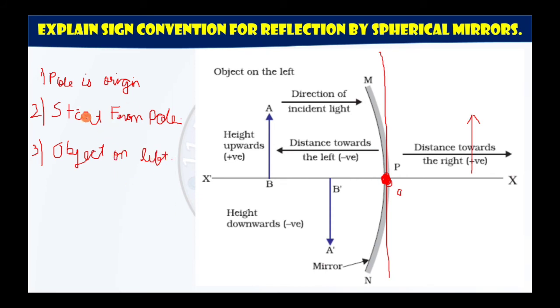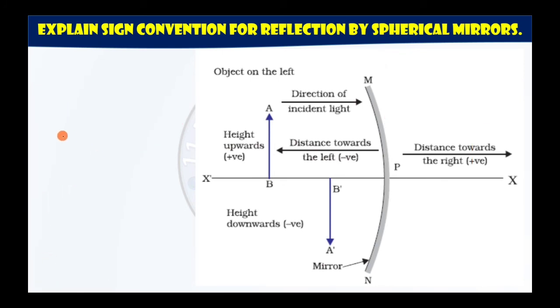First, the pole is the origin of the Cartesian coordinate system, x-axis and y-axis. Second, you will always start measuring from the pole, which is your reference. Third, the object will always be placed on the left side of the mirror. These three are basic fixations.